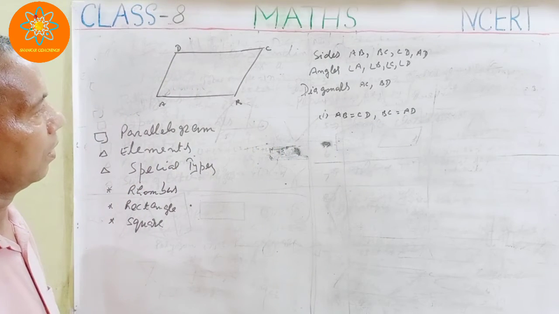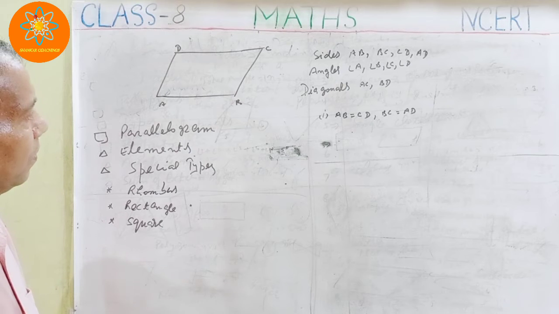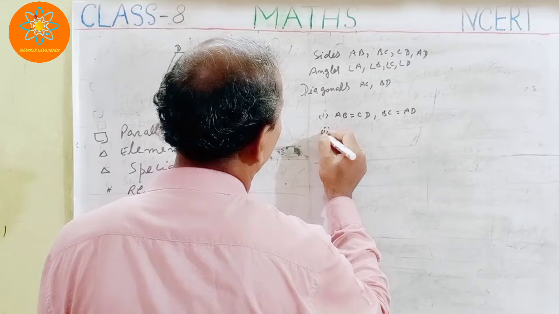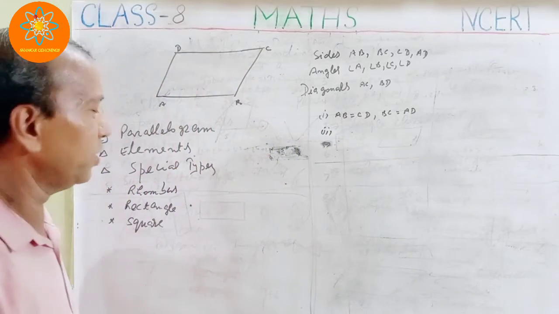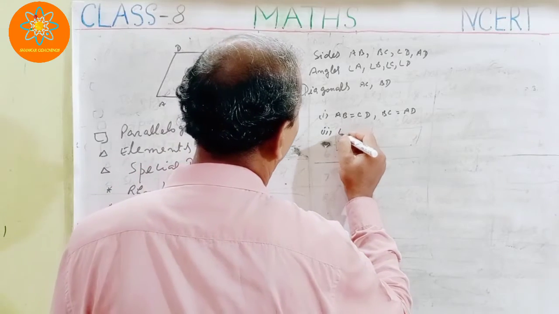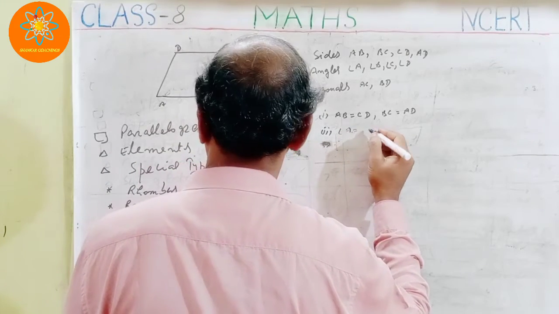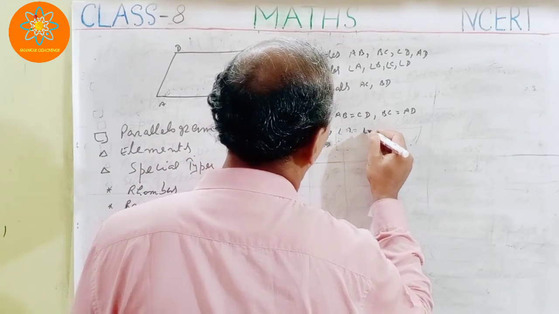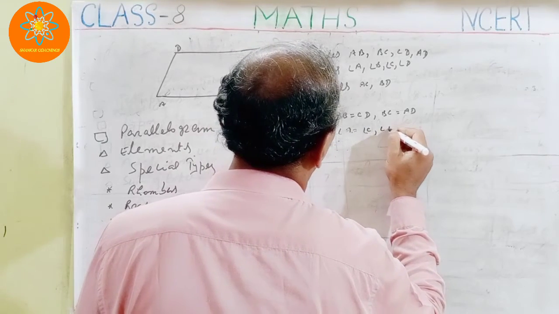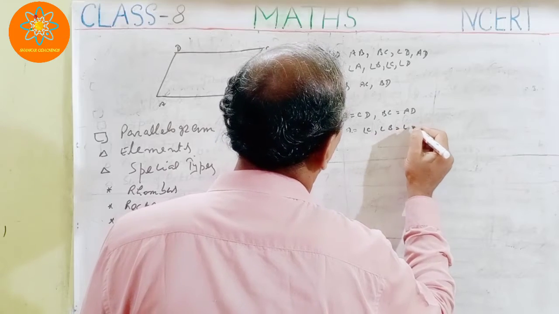The second one is that the opposite angles are also equal. So angle A is equal to angle C, and angle B is equal to angle D.